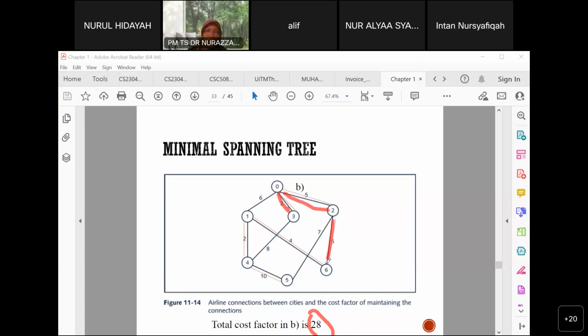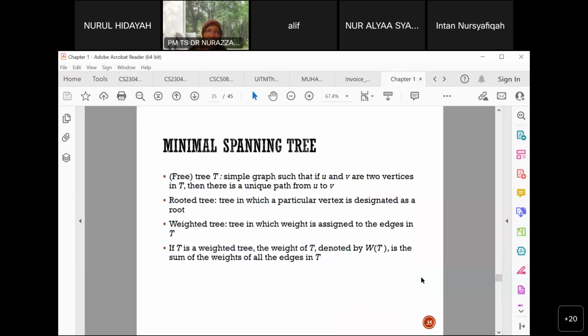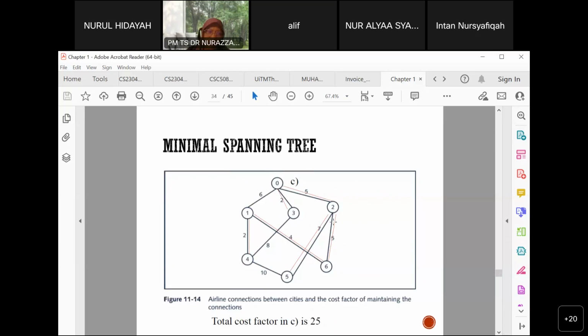Dia hanya ambil yang this one, this one, this one, this one, and this one. Okay, so dengan this connection, dia punya total cost ialah 28, which is better lah, kan? Kemudian kita tengok ada lagi satu tak? Okay, this one, the third choice is that this connection ialah total cost dia ialah 25, lagi kecil. That means ini lagi menjimatkan.